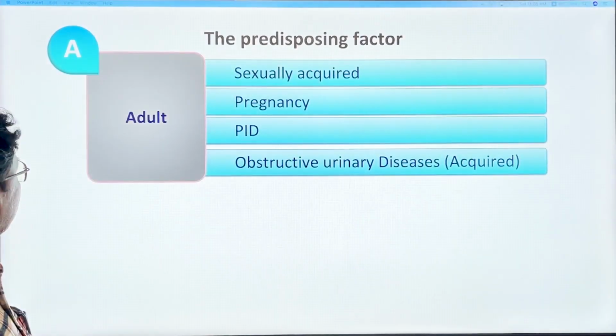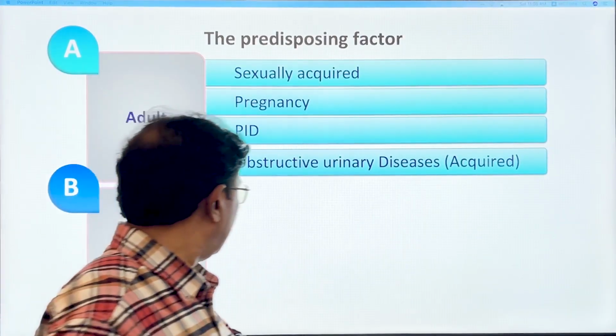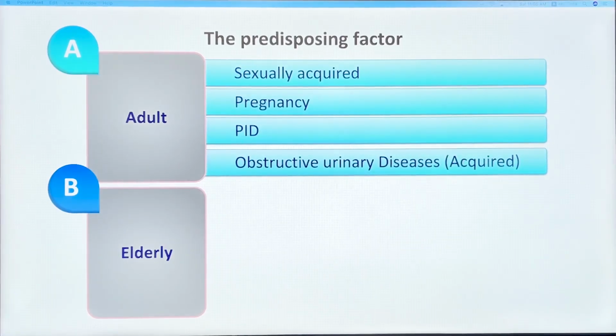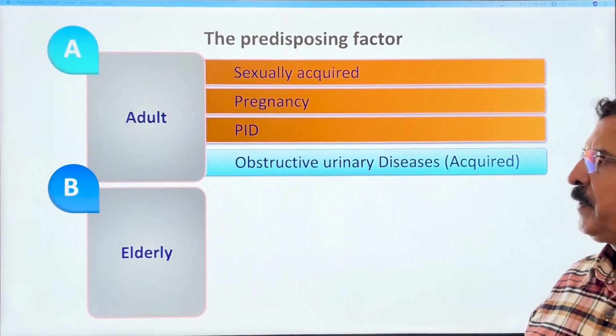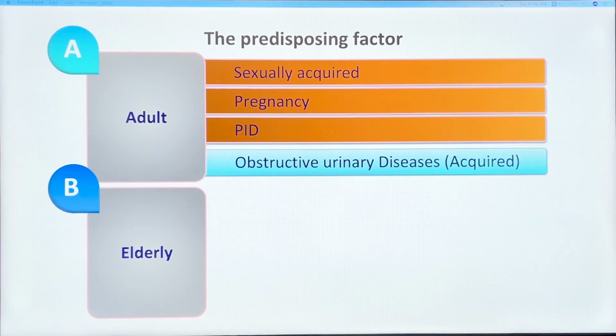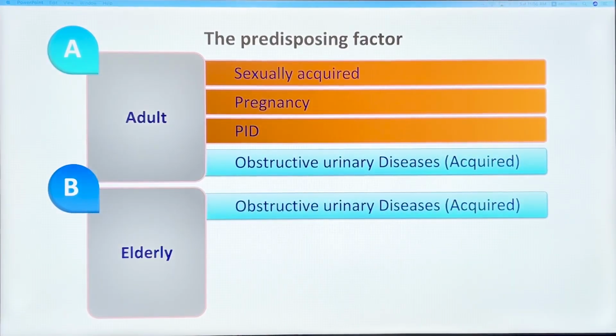But when you have an elderly lady and you're trying to look into what are the predisposing factors here, the top three are not relevant, right? Sexually acquired, pregnancy, PID are not relevant. What is relevant here is obstructive urinary disease become more common.